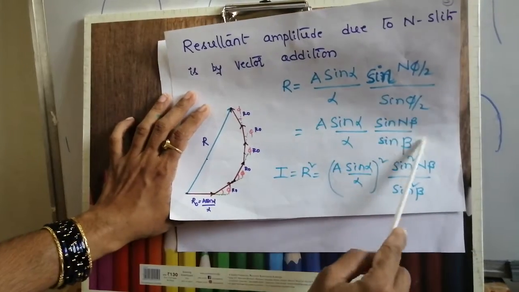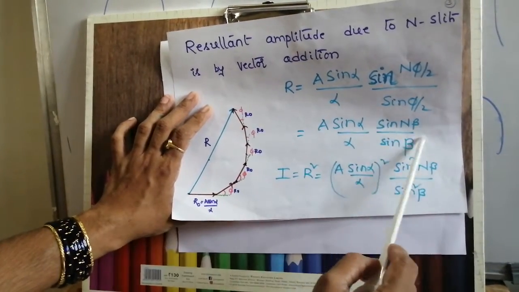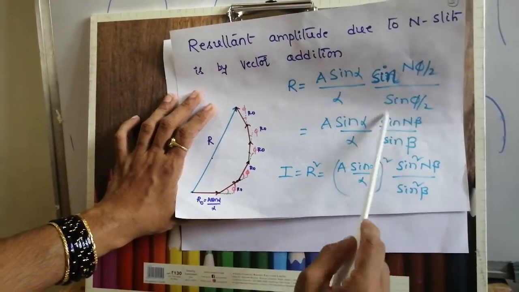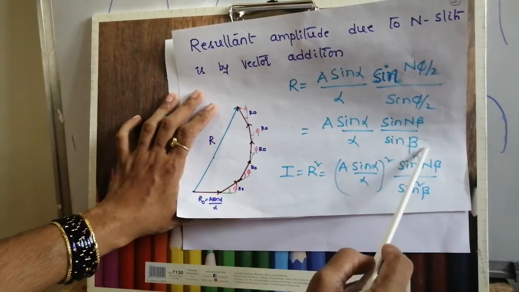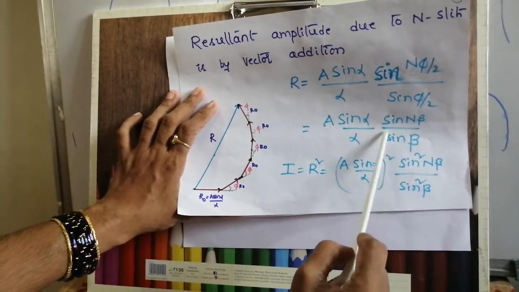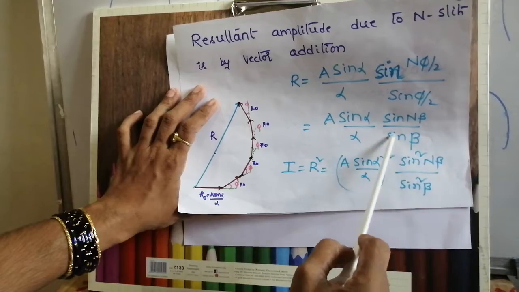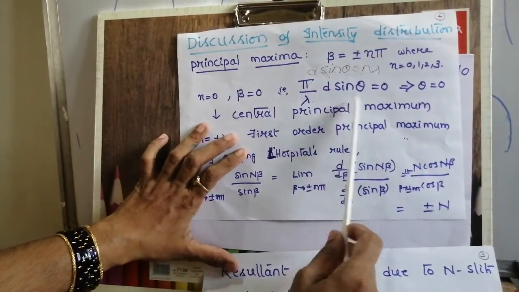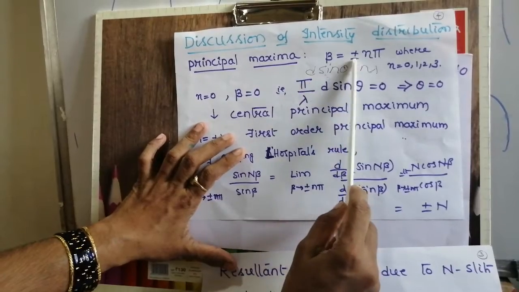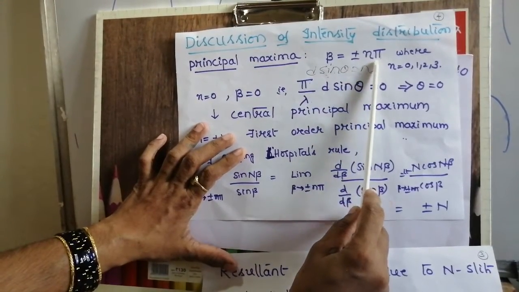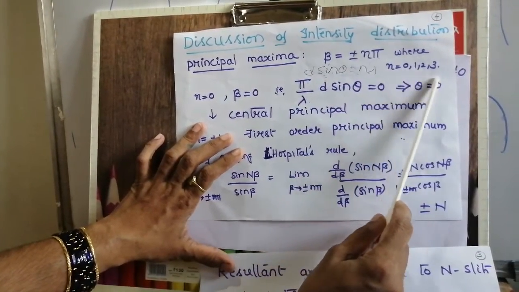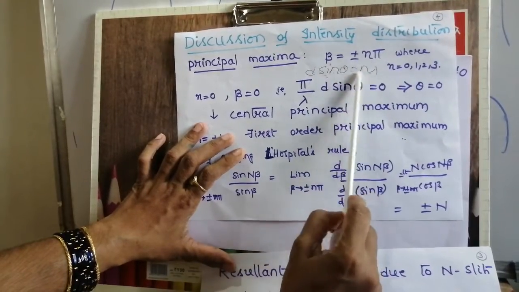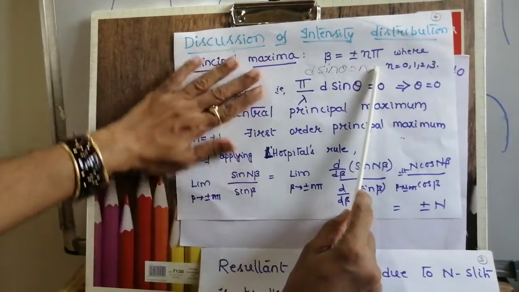When will the amplitude be maximum? When sin n beta by sin beta is maximum. When will it be maximum? When sin beta is minimum. The minimum value of sin beta is 0. When will it be 0? When beta equal to plus or minus n pi, where n equal to 0, 1, 2, 3, we get sin beta equal to 0.